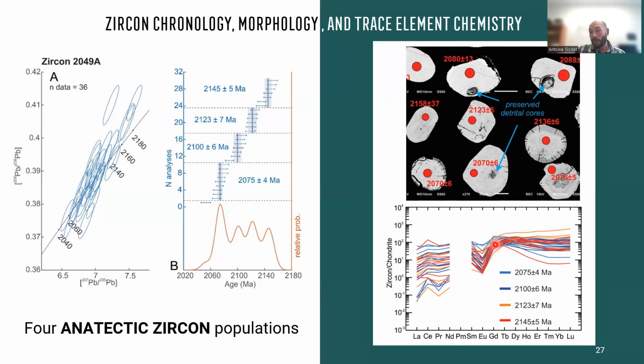If we look at their trace element content, we can see that the heavy rare earth elements pattern is pretty flat. And again, those are different features that lead us to the interpretation that these are 4 anatectic zircon populations.